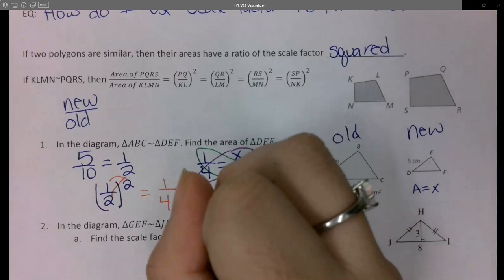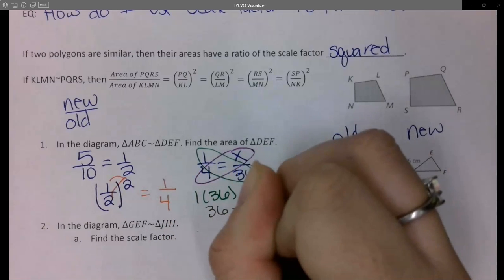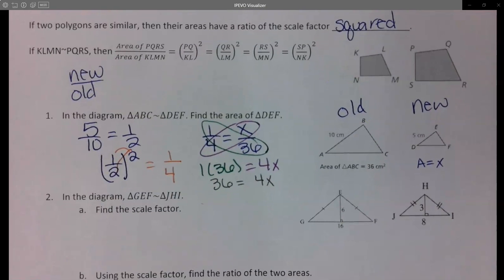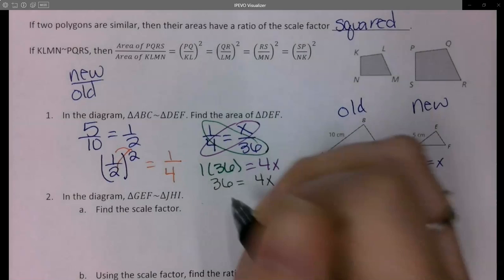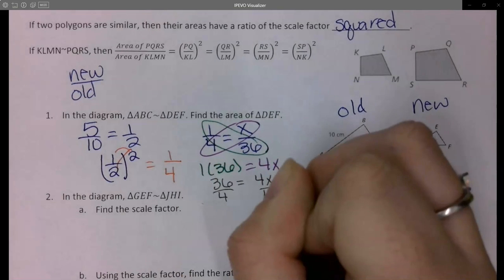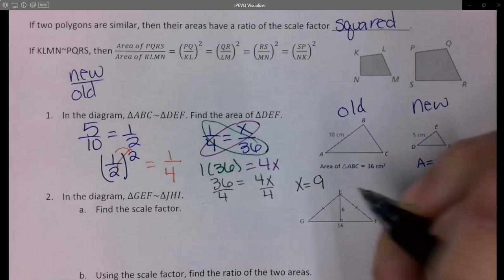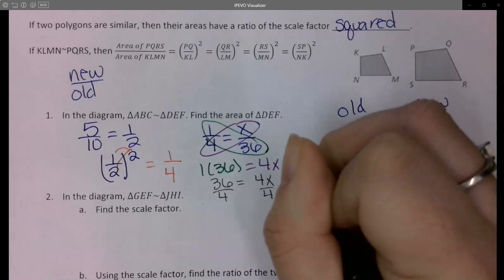One times 36 is just 36. Then I want to divide both sides by 4, which gets me x equals 9 centimeters squared.